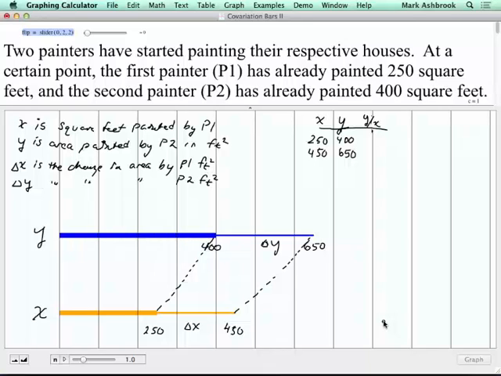What'd you get for the first one, Y over X? 1.6? And what'd you get for the second one? 1.4?